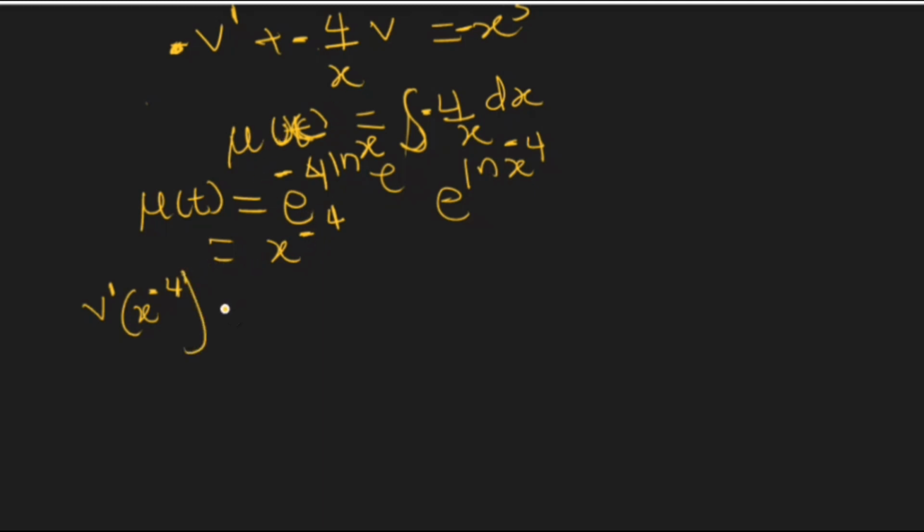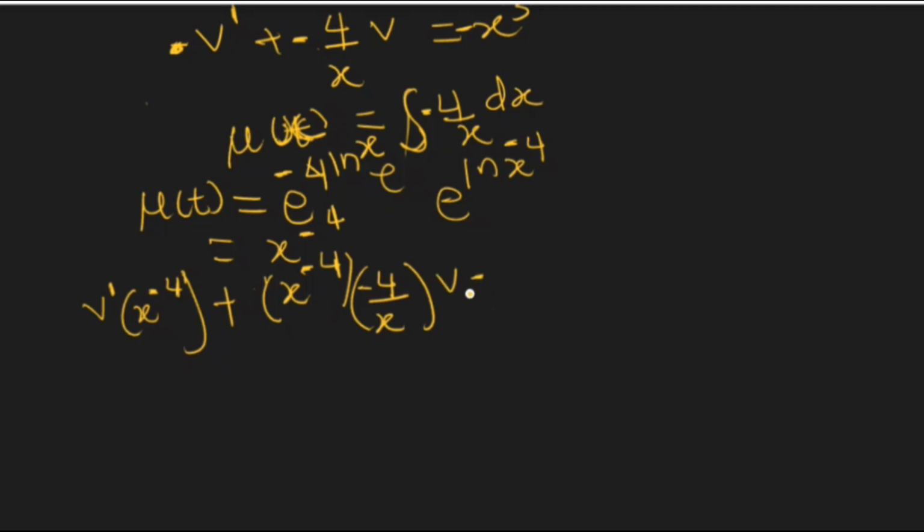So plus our x to the power -4, then -4 over x, then your v will come.